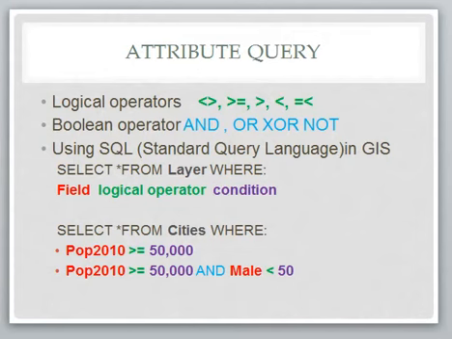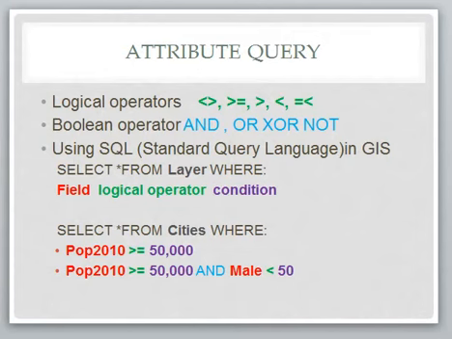That's called the standard query language in GIS. When we do a query, we're selecting from a feature class, right? So that's the layer. Select from feature class, select from population, where, and then we type in the field, is greater than whatever, the condition. So that's the setup for that.